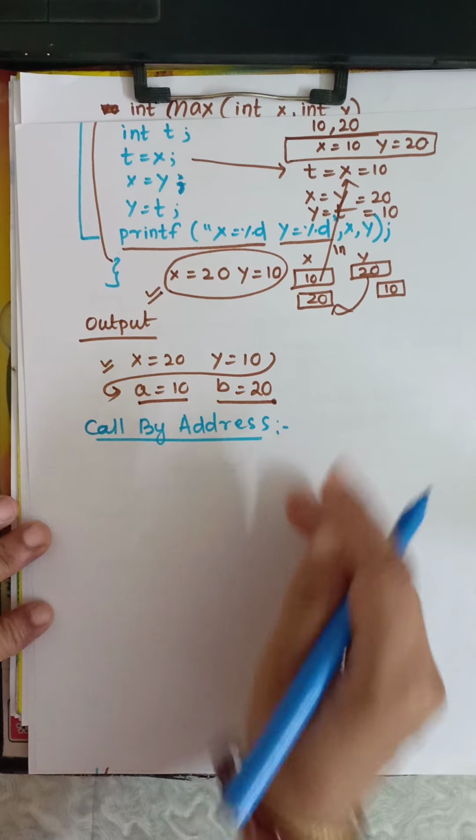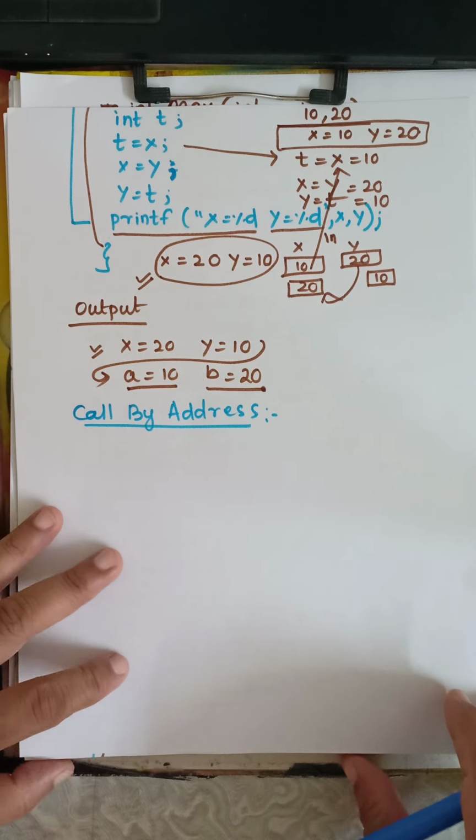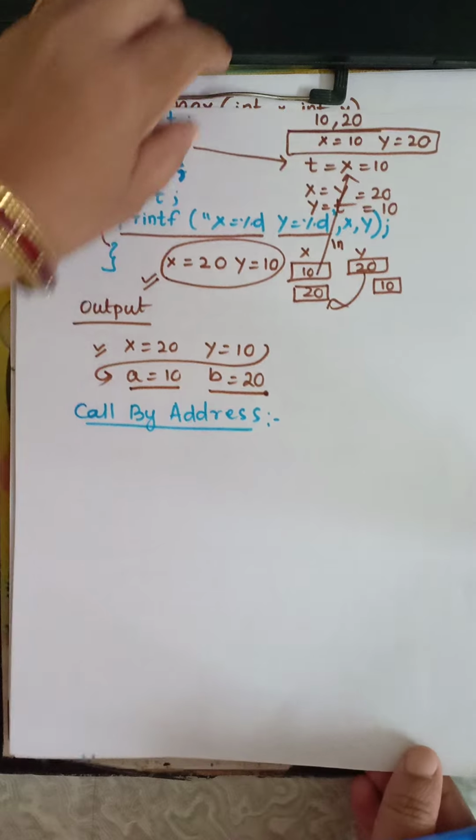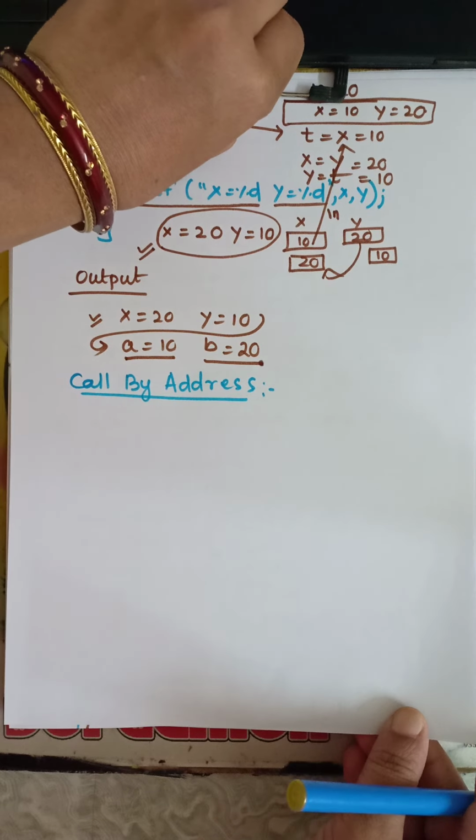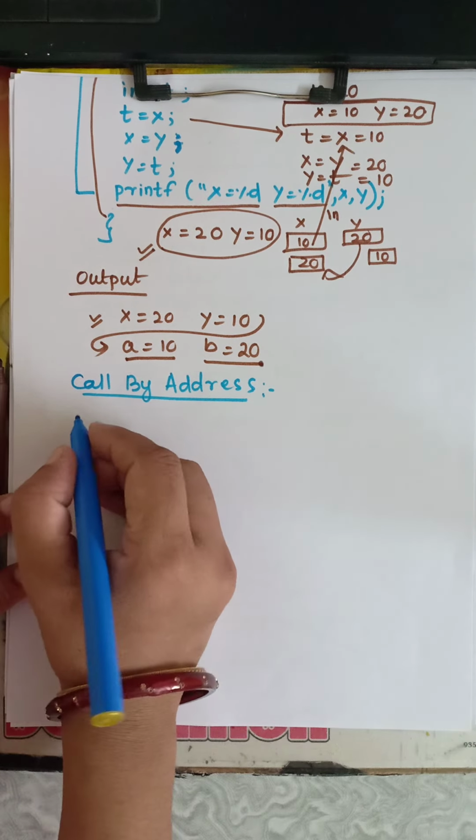Call by address. So in the call by value we pass the value, and in the call by address what do we pass? We pass the address. So the name is call by address.